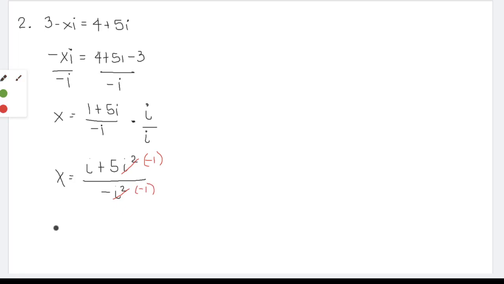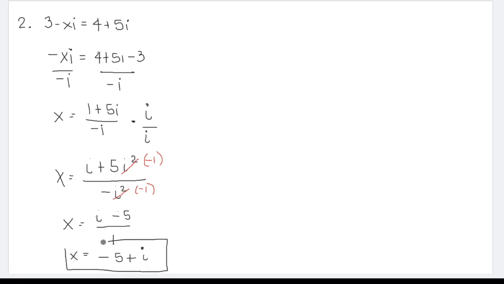Then x is equivalent to i minus 5 over negative i squared, which is 1, or x is equivalent to simply negative 5 plus i. So this is the value of our x. To check, we can substitute the value of x to our original equation. That is checking.